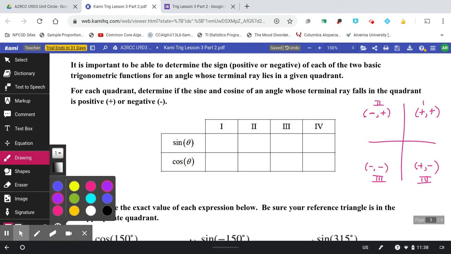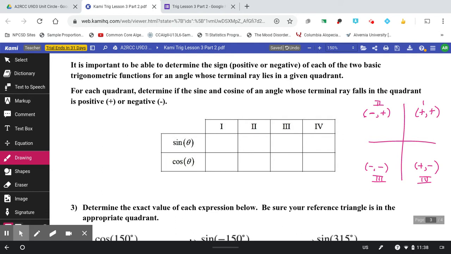We know that this is the cosine and the sine, and this is the cosine and the sine, and this is the same in all of these. The cosine is the x and the sine is the y. So whether they're positive or negative, we know that both of them in the first quadrant are positive.